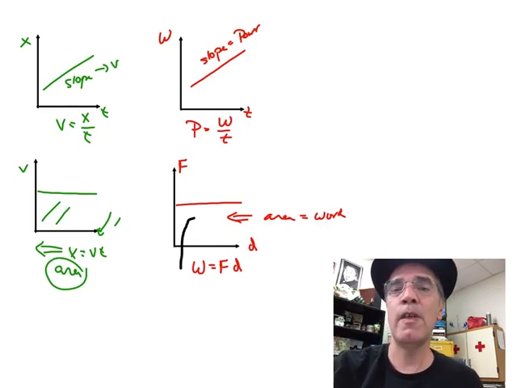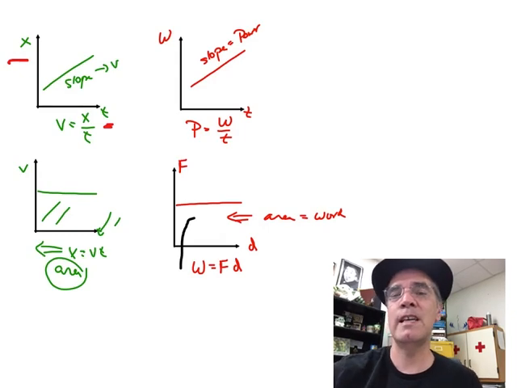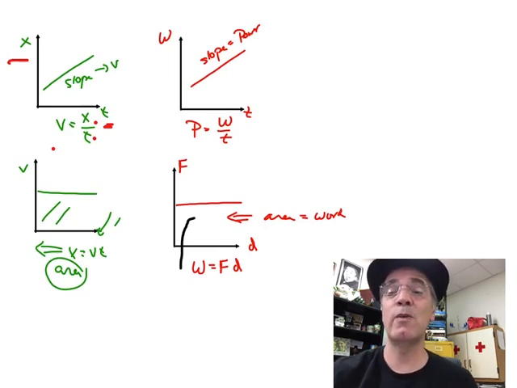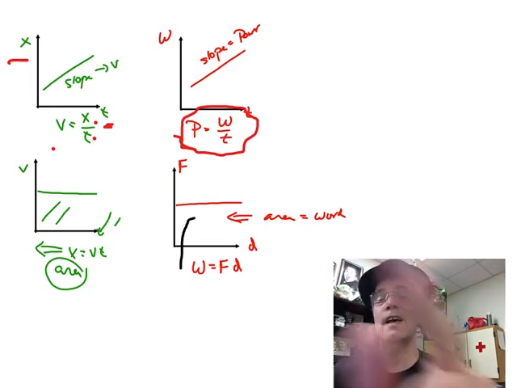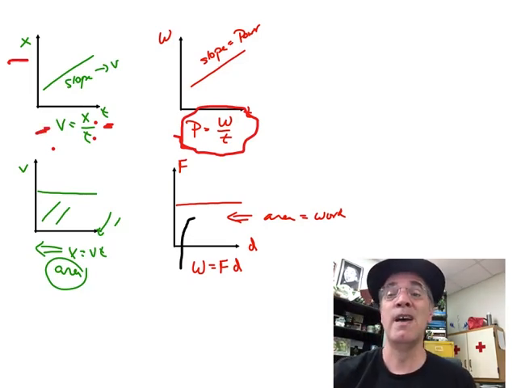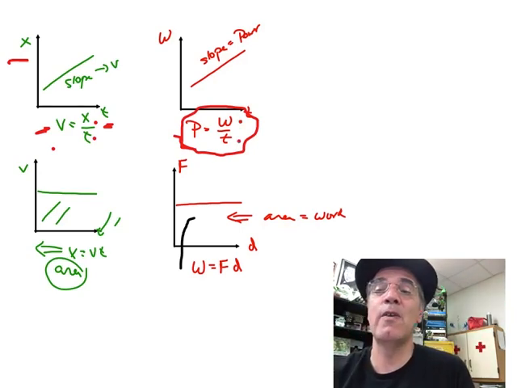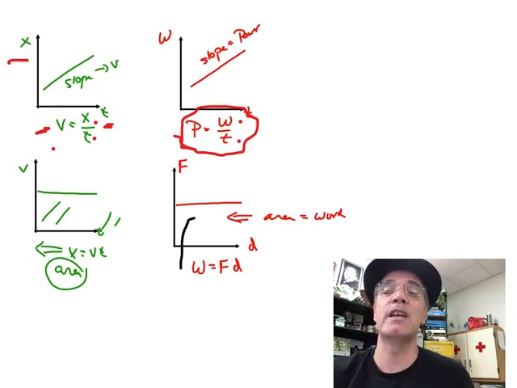But you remember that when we had an xt graph and we knew that the velocity is x divided by time, we could find the slope of that graph to find the velocity. And now we find ourselves with an equation that's very similar. We know power is work over time, just like velocity was displacement over time. And so whenever we have one thing divided by another, we want to find that thing, the slope is going to equal it.